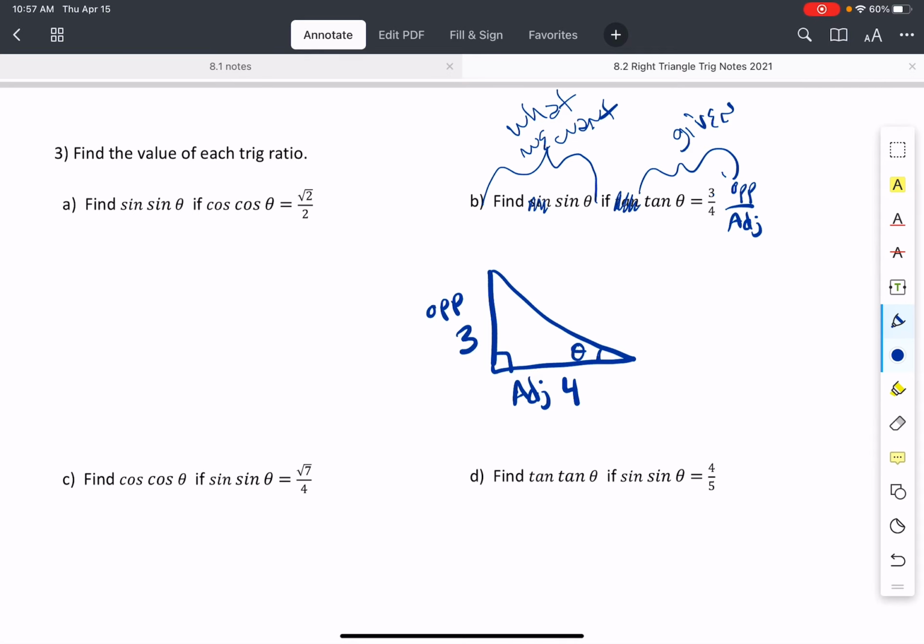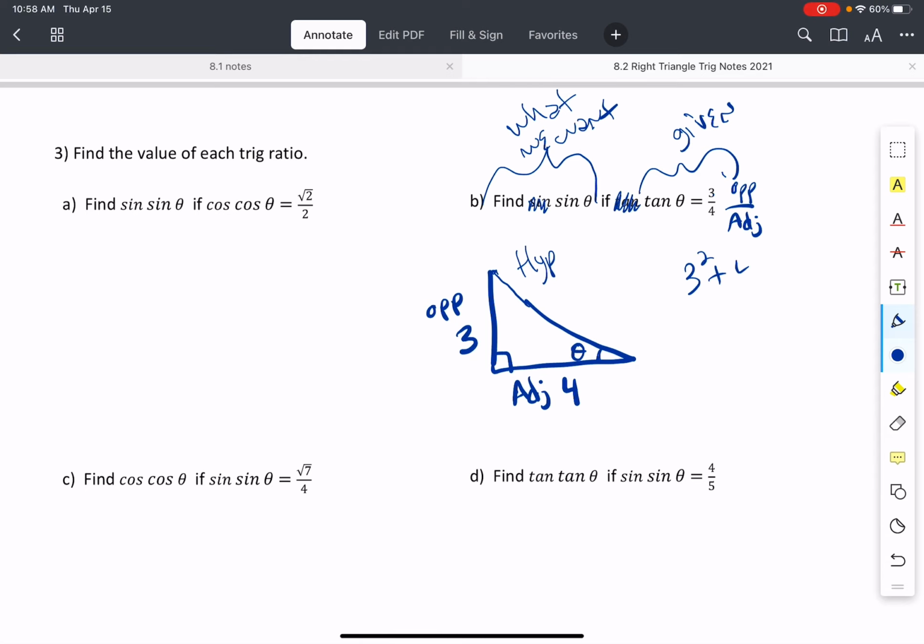So the given is how we build our triangle, and then we can do it just like the last problems. Okay? So what do I do first if I'm doing it just like the last problems? Yeah, you got it.